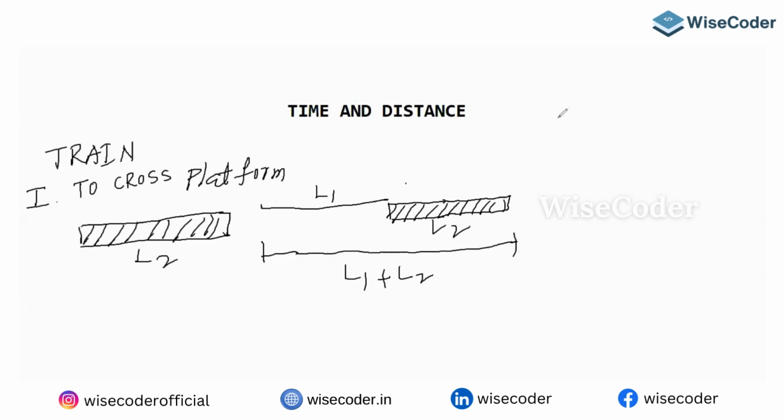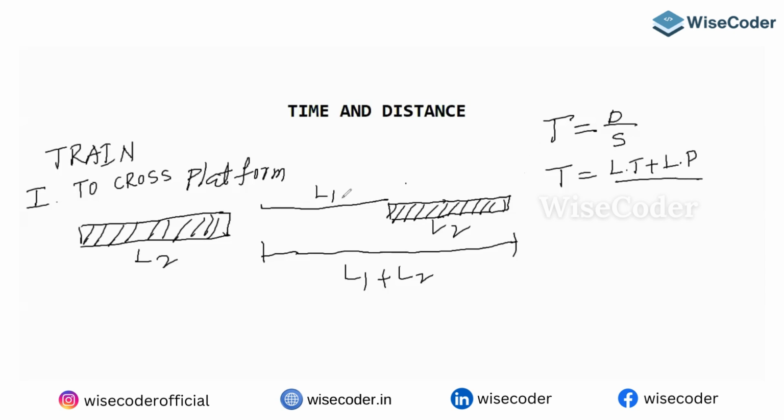You want time. What is the basic formula of time? Distance by speed. What do you mean by distance? Length of the train plus length of the platform, divided by speed. Which speed do I have to take?